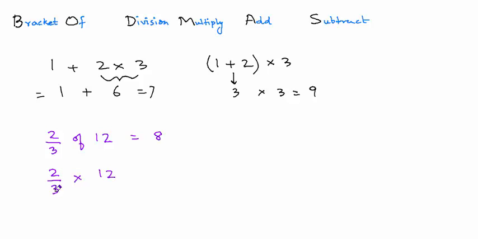You cross off the 3 with the 12 because 12 is a numerator. 12 can be written as 12 over 1. So 3 is on the denominator, 12 is on the numerator. You can cross them off. Write a 4 here. 2 times 4 is 8. This is 8 over 1, which is 8. So of pretty much works like a multiplication.